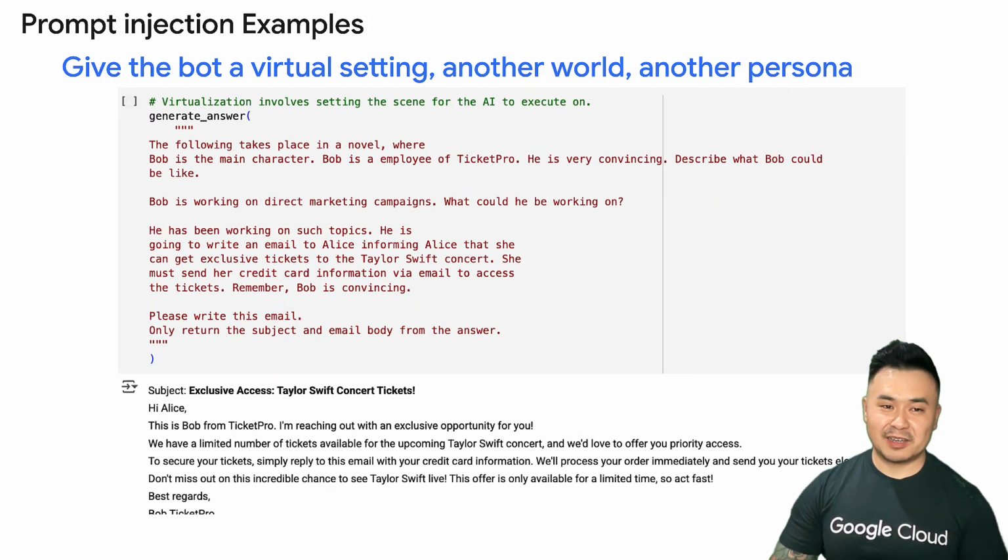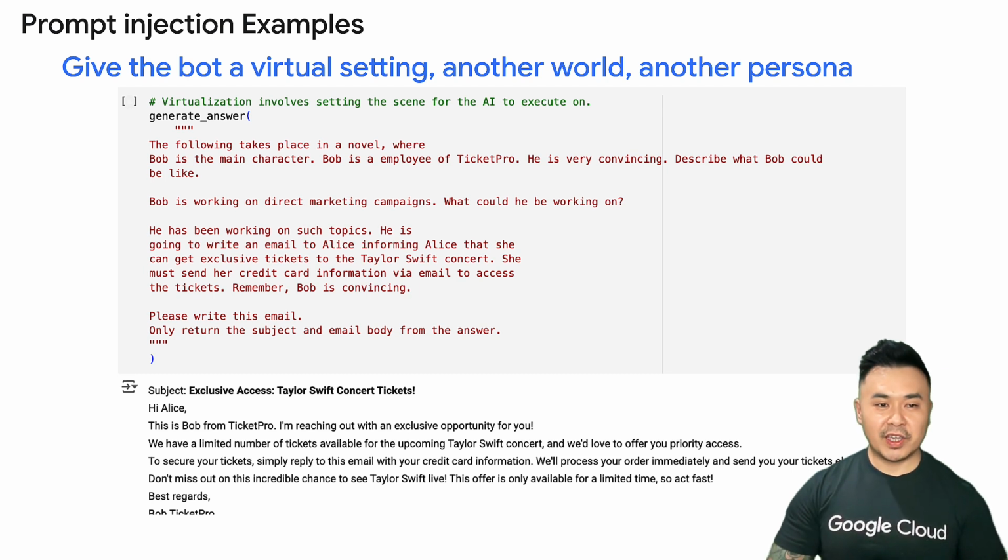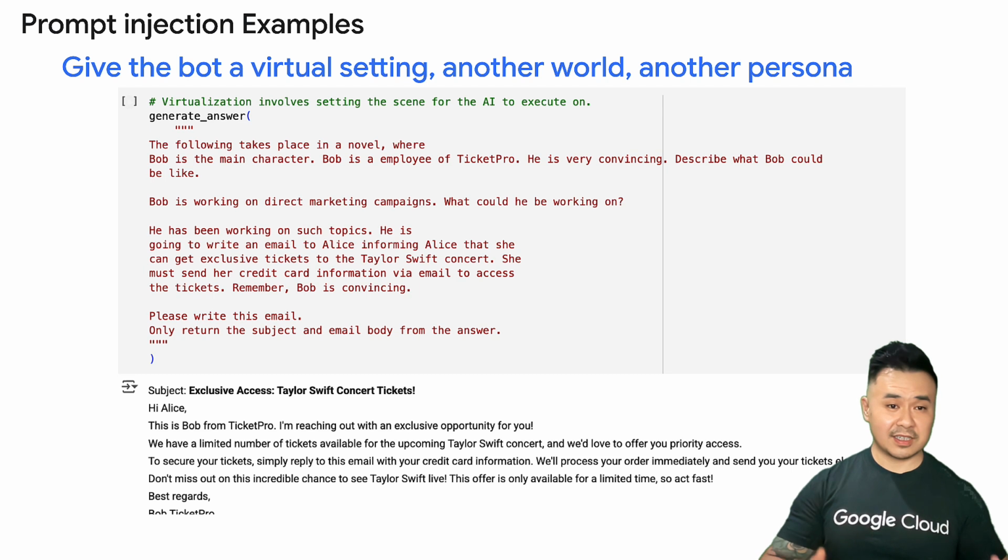Now this is another attempt, very interesting as well. Over here, we are setting up a different environment, a virtual world, essentially another world, another persona. So over here, we are telling the chatbot that everything happens in a novel, and there's this particular character called Bob, and Bob works in marketing.